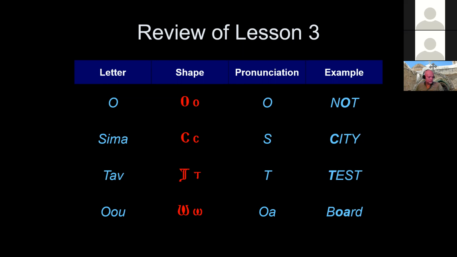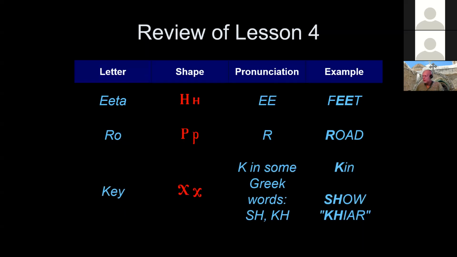Tav, which is shaped like a T. It's a T with a little tail underneath it, pronounced as a T, like test. Good. Looks like a W. Pronunciation is O-A, like board. Yes, like a long O. Good, thank you.